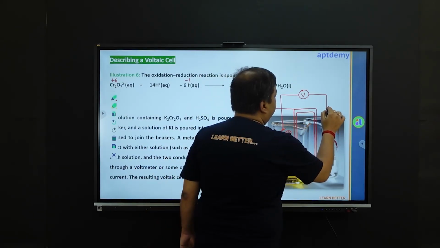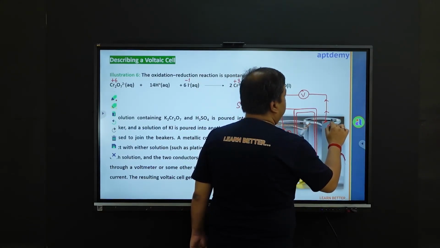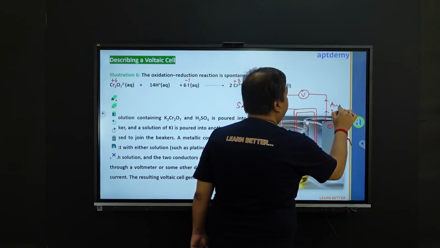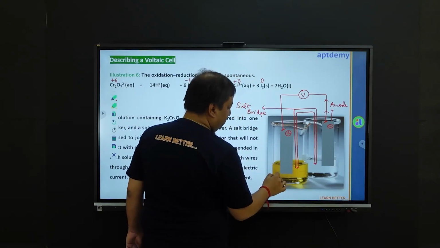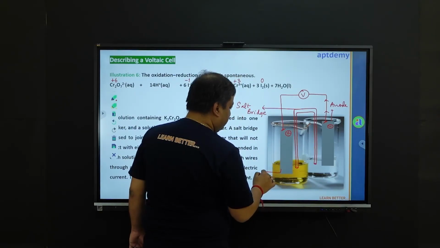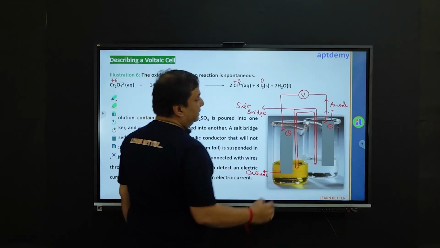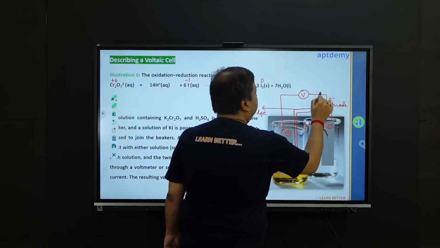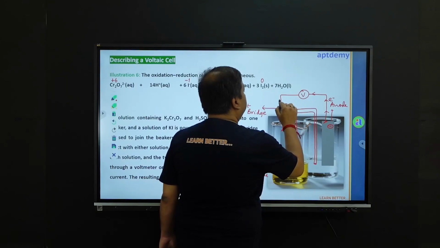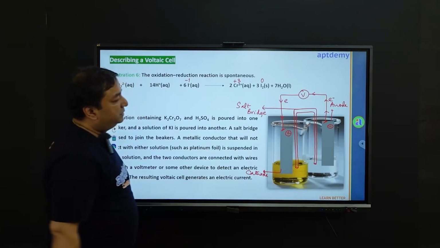Now after connecting the salt bridge, electrons will start flowing from the anode. So this is the anode electrode, and we will be calling this one the cathode. Over here, the direction of electron movement is going to be from the anode to the cathode.